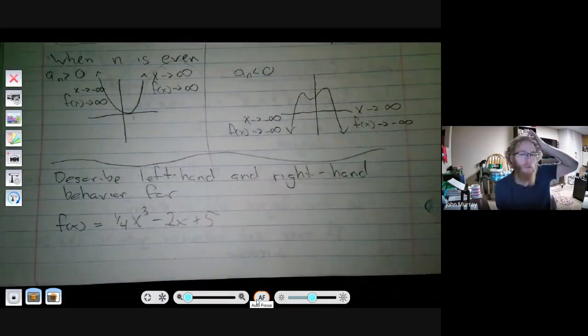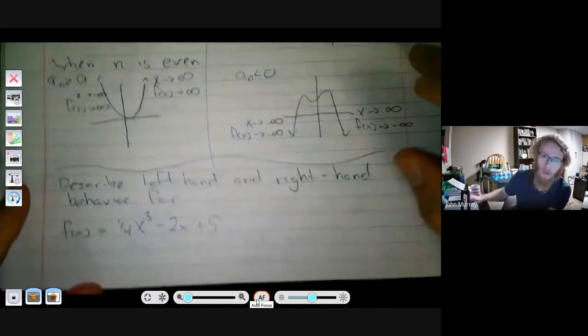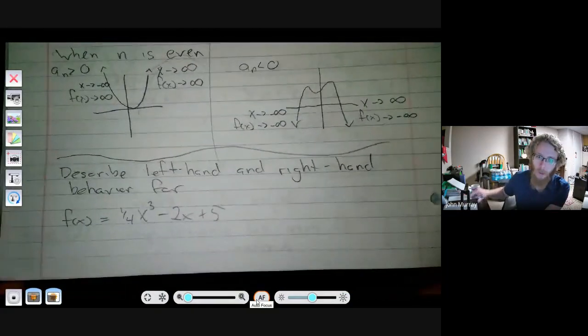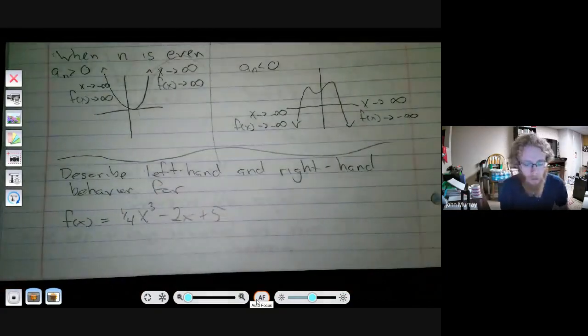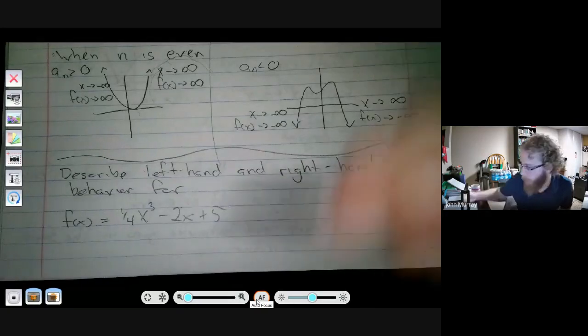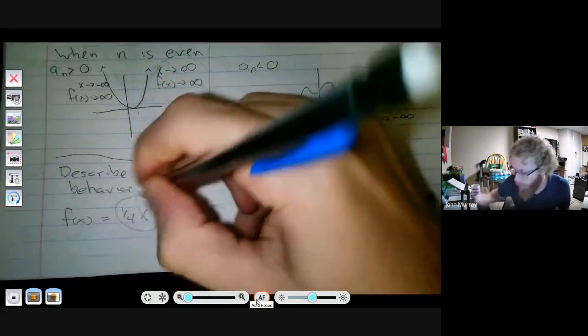Pretty much all you're doing is trying to figure out which one of these four situations your polynomial best models. So again, you need two things: you need the degree and you need the leading coefficient. We're just going to focus on the front there.